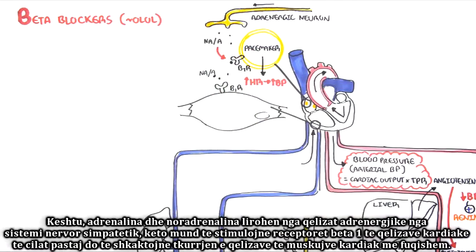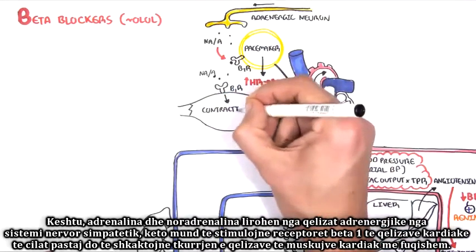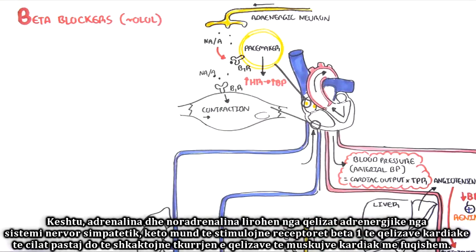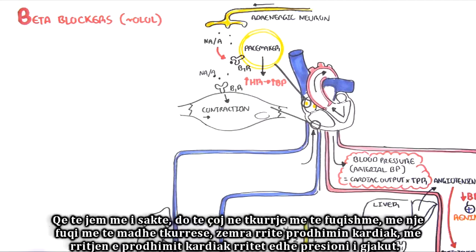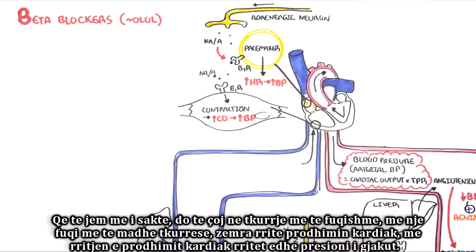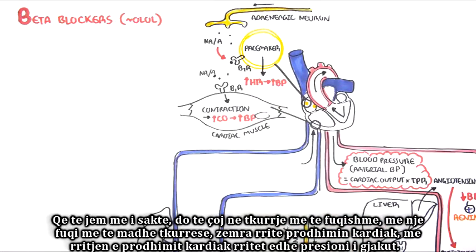So noradrenaline and adrenaline released by adrenergic cells of the sympathetic nervous system can stimulate the beta 1 receptors of the cardiac muscle cells, which will cause them to contract stronger. To be exact, it will lead to a more powerful contraction. With a more powerful contraction, the heart is able to increase cardiac output, and because you're increasing cardiac output, you will increase blood pressure.